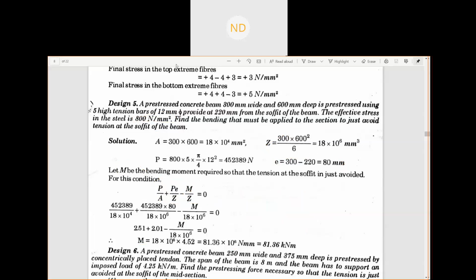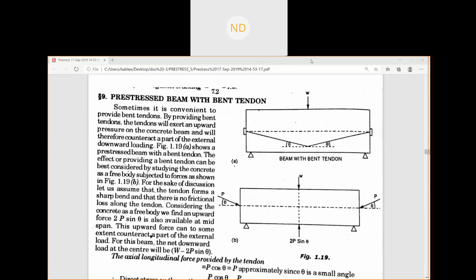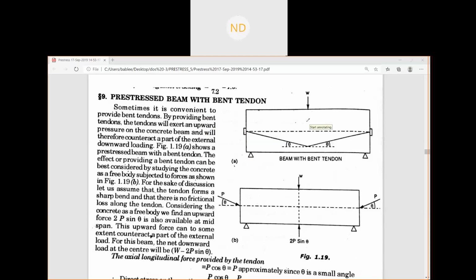The next topic is pre-stressed beam with bend tendons. In some cases we also use bend tendons. Why? Because they counterbalance the load more as compared to concentric or normal straight longitudinal tendons.